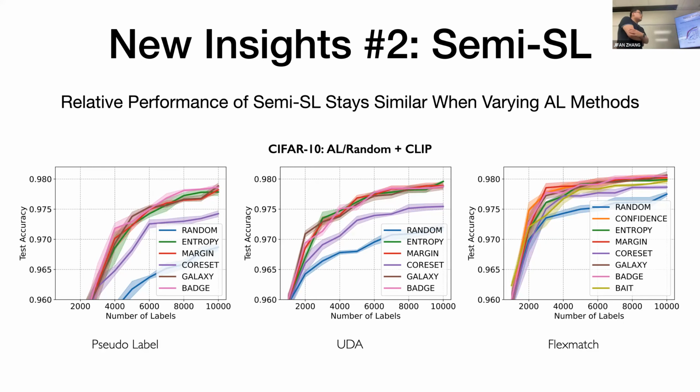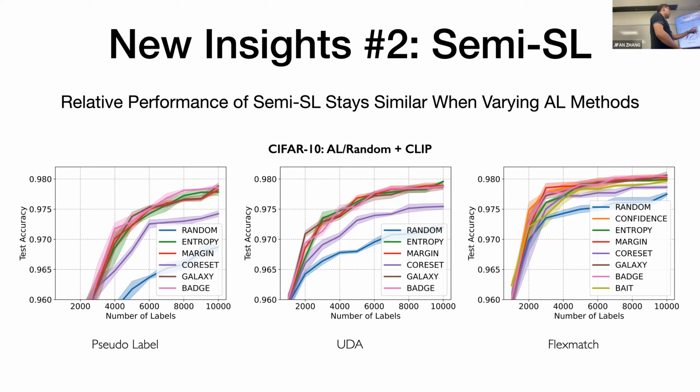The next one is that if you vary which semi-supervised learning algorithm you use, their relative performance stays very similar when you choose a different active learning algorithm. What that means is, if you look at the margin sampling curves here, you see that pseudo label performs worse than UDA, than FlexMatch.